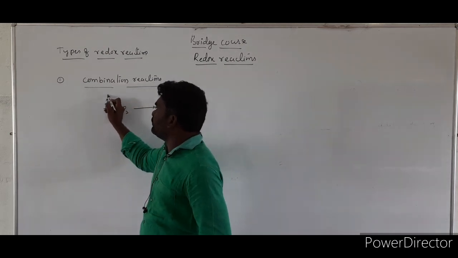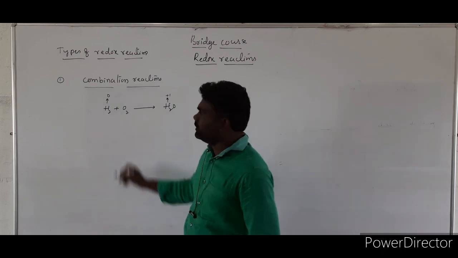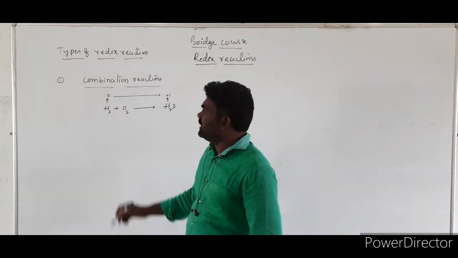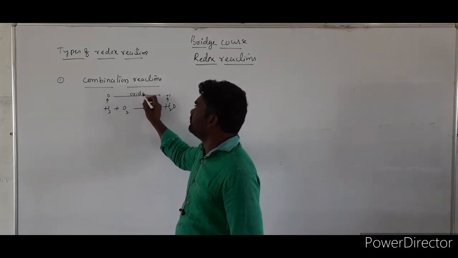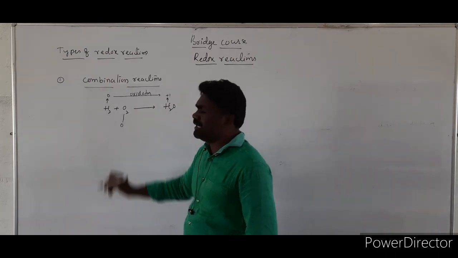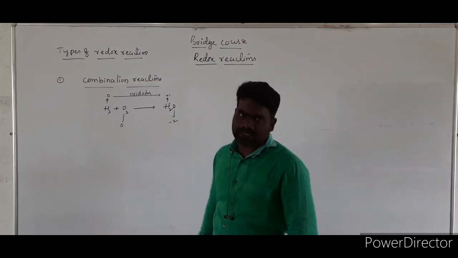hydrogen element is 0, and hydrogen, I already told you, has oxidation number plus 1. So 0 to plus 1. The number is increased, and an increase in number is nothing but oxidation. Oxygen is a 0 element, and oxygen, I already told you, has charge minus 2.